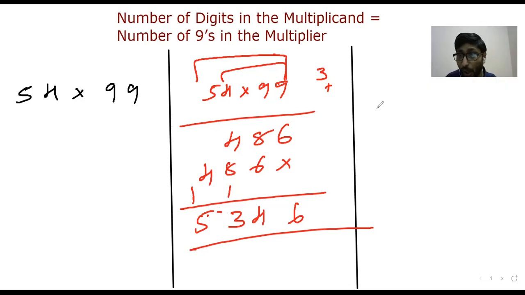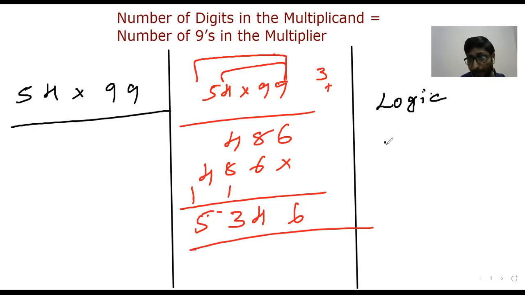The logic here is very simple: a two-step answer. Step 1: subtract 1 from the multiplicand.